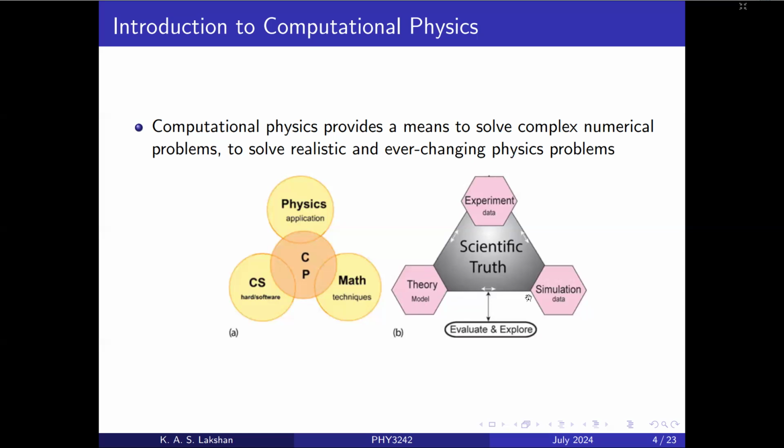Then there is simulation. Simulation is kind of like a virtual experiment. You conduct an experiment, but not in real laboratory conditions. The simulation is conducted within a computer, but theory and some experiments are involved in it. Using the simulation, you can also gather data.